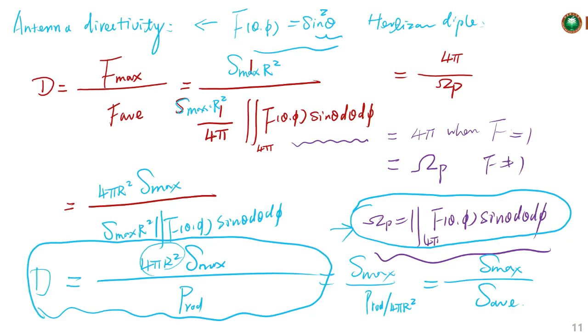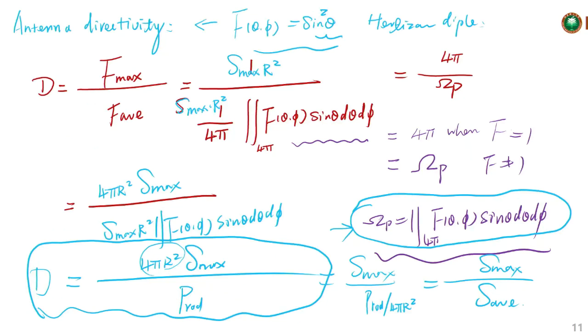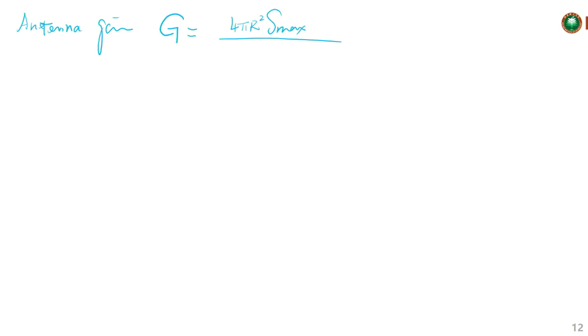What we want to know is the antenna gain. It should equal 4 pi r squared S max. Directivity is divided by the radiated power here, and for the antenna gain, it is divided by the transmitted power.